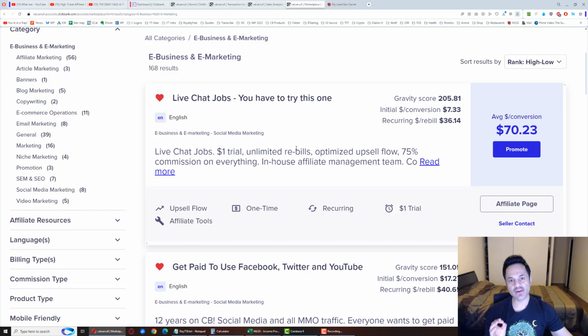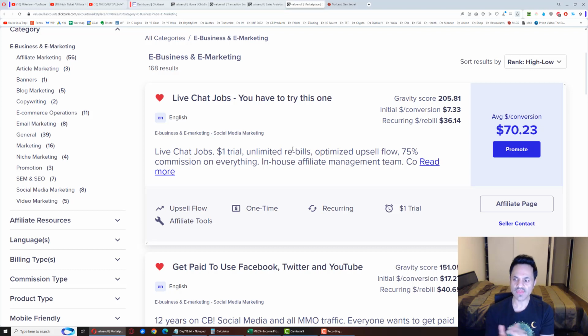The idea here is if we can get more people to stay on board as a recurring customer, then we can make more money. Instead of just getting a one-off sale, we can get maybe 2 sales or 3 sales or 4 sales. The average person stays on board a recurring billing product for 3 months. That's the industry average, right?